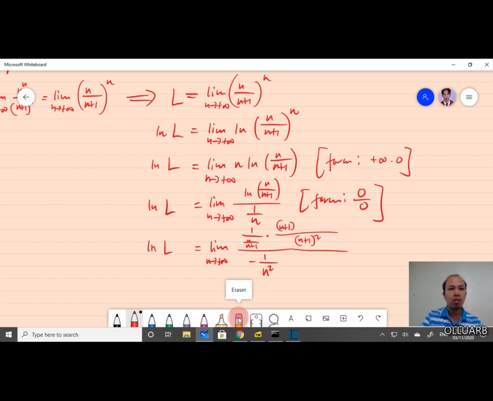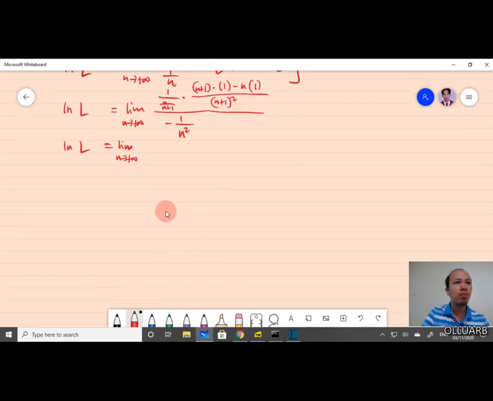Denominator times the derivative of the numerator is 1, minus numerator times the derivative of the denominator, which is 1. Okay, so simplify. This is ln of L, which is equal to the limit. Let's wait for the program again to respond.